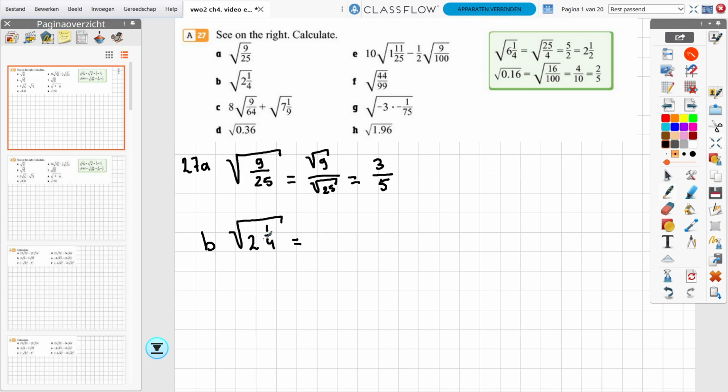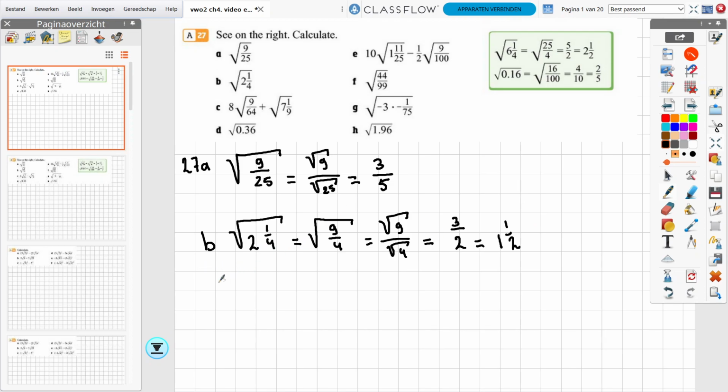So instead of 2 1 over 4, I'm going to write this as one fraction. 2 is the same as 8 over 4, so a total of 9 over 4, which we should now recognize we could write as this, which is the same as root 9 is 3, root 4 is 2, and then convert back to a mixed number. It's 1.5. Okay, and some people see this mentally. They say, well, which number times itself is 2.25, and they know that that's 1.5. That works if you know it mentally, but if you don't know it mentally, there is a way to do it with a calculation.